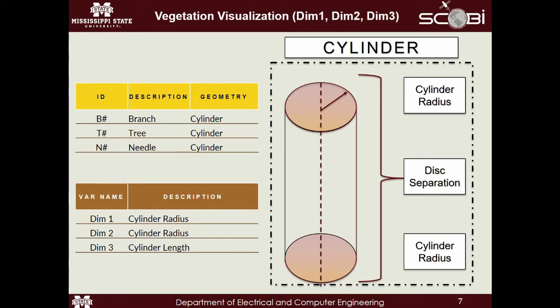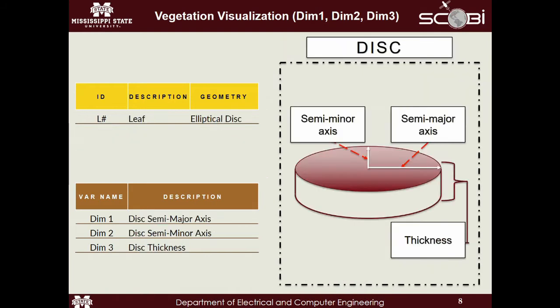Everything is sort of evenly numbered. So that is the radius of your cylinder. The top and bottom radii are assumed to be the same. And the third one is the height of the cylinder itself, or the length of it. And that does it for that.